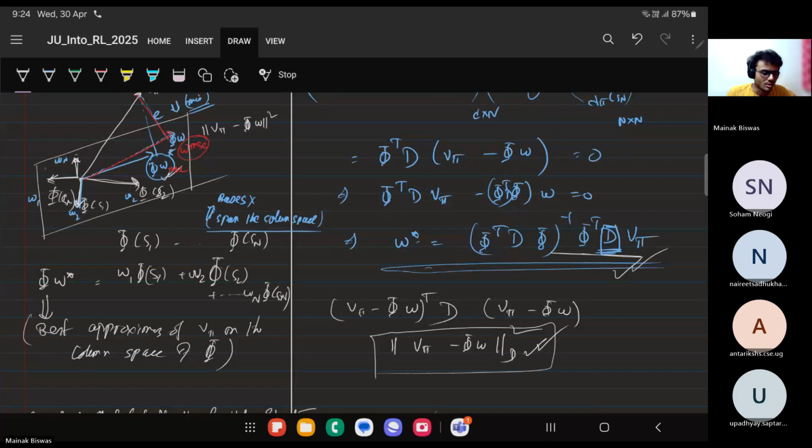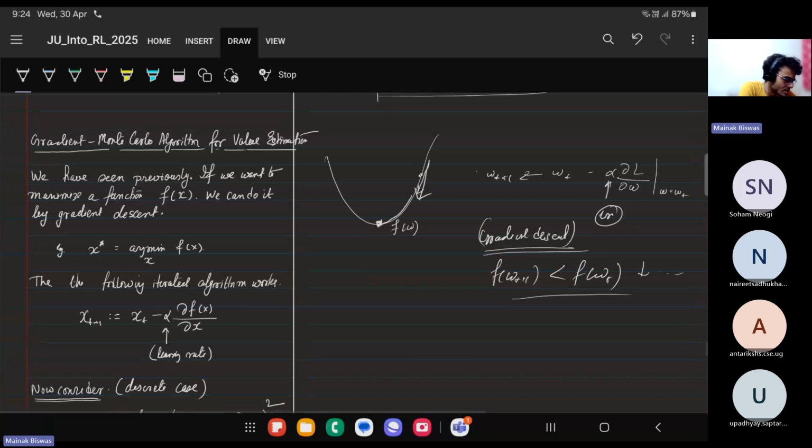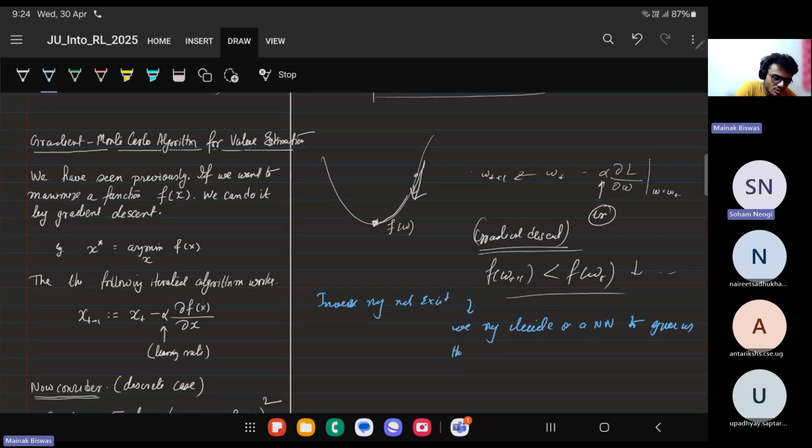Yeah. But now we may not have a closed form solution. Inverse may not exist. Many things could happen. We may decide on a neural network to give us the value function.